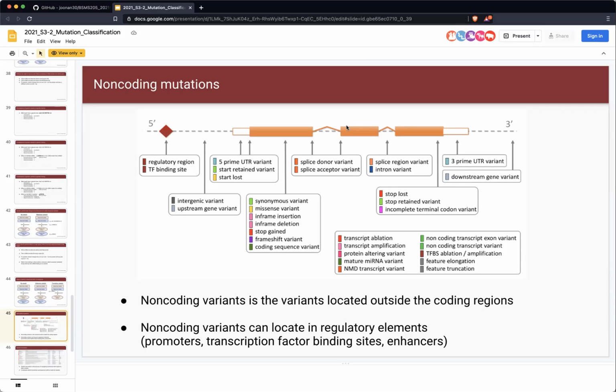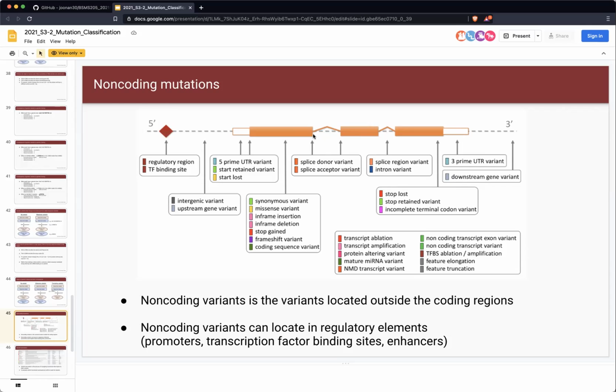But there are different compartments in the transcript, like introns. An intron is the position between exons, right? So if the mutation happens in the intron, we call it an intron variant, right?